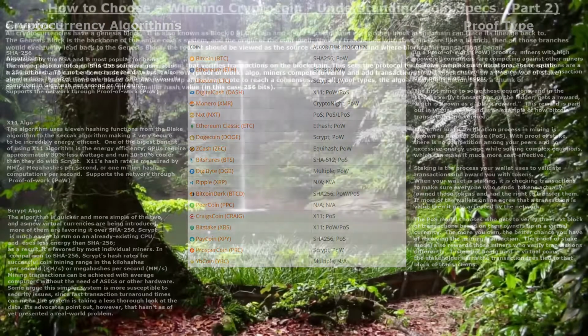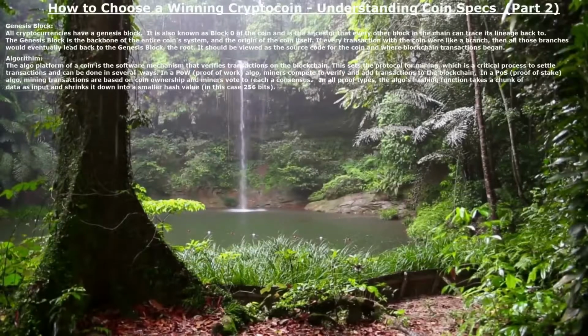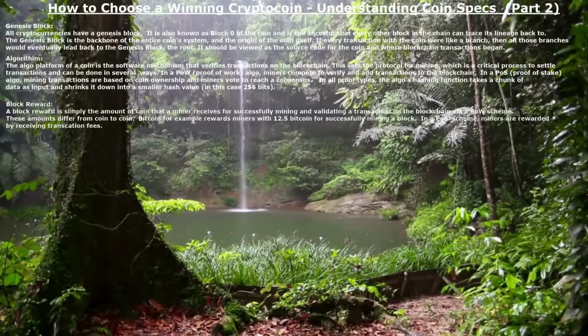And moving on here, the next technical spec that I wanted to talk about is the block reward, which I just mentioned just now, is simply the amount of coin that a miner receives for successfully mining and validating a transaction on the blockchain via a POW algo model. So these amounts differ from coin to coin.